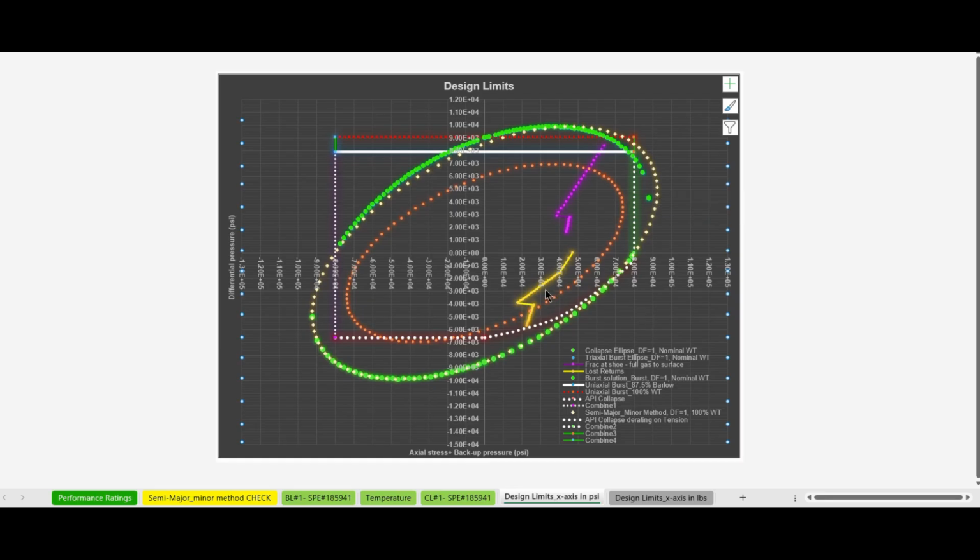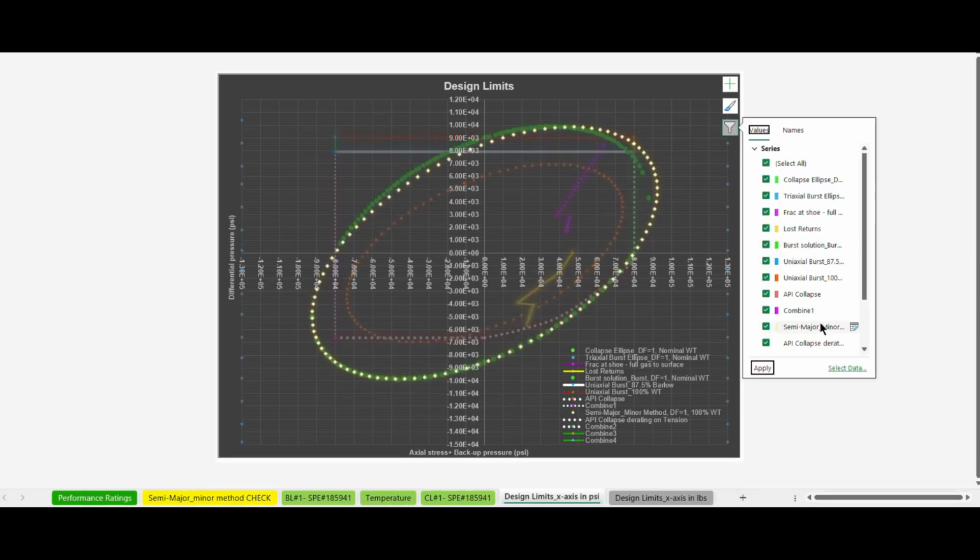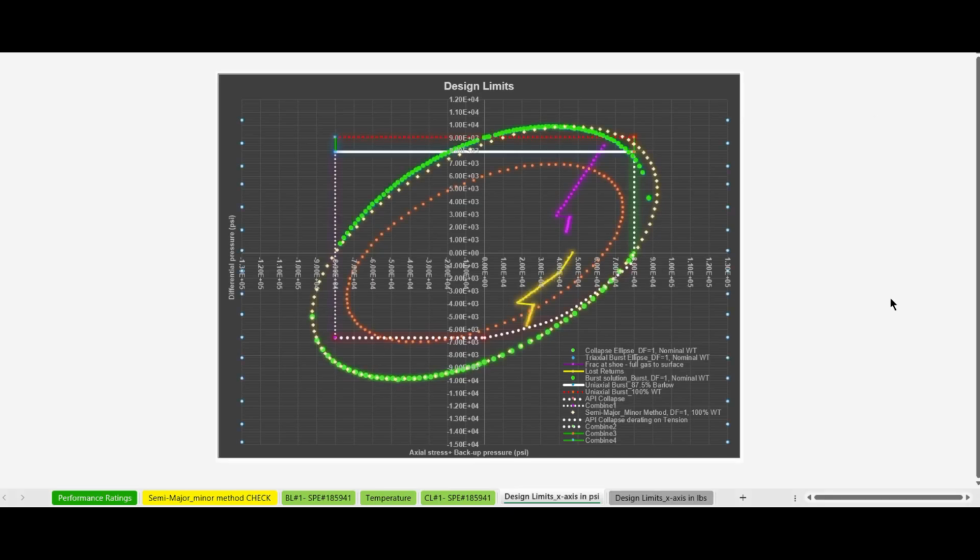All right. Now we have the first question before we move on: why do the semi-major and minor method and the triaxial collapse give the exact same solution, as you can see? It is basically this one, and your collapse ellipse is this one. Both are exactly the same. But then you could ask why the burst ellipse and the semi-major and minor method don't yield the exact same ellipse on the burst side.